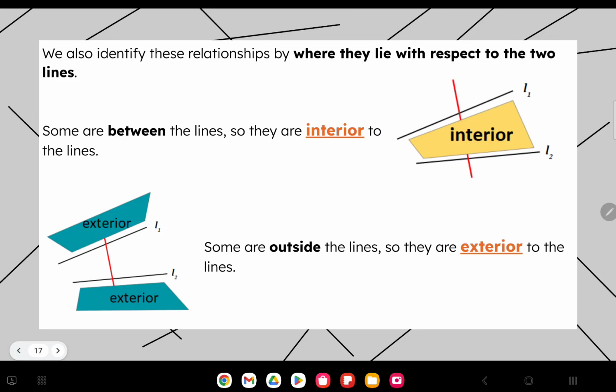The other way that we can name our angle relationships is by where they are in relation to the two lines. So you can think of these lines as the walls of a house.